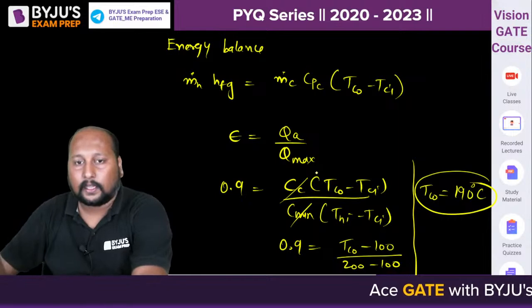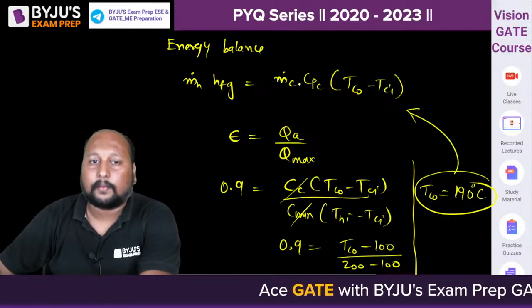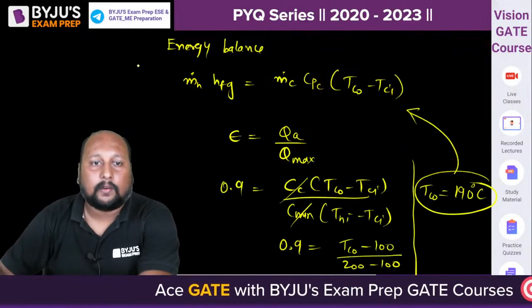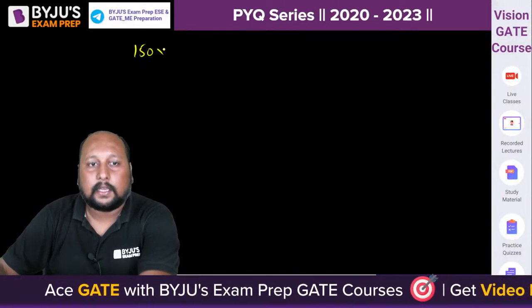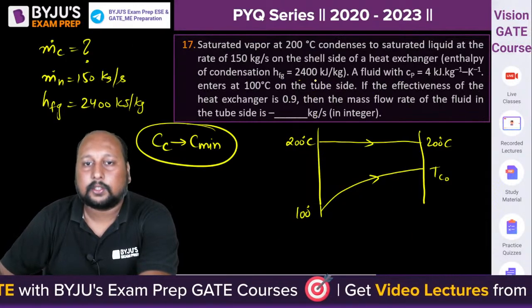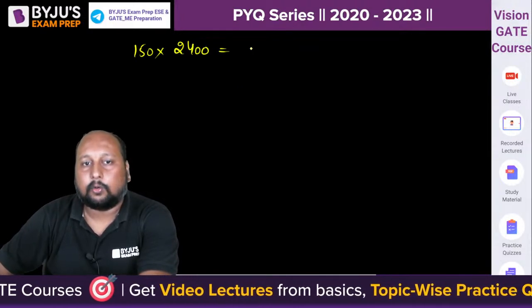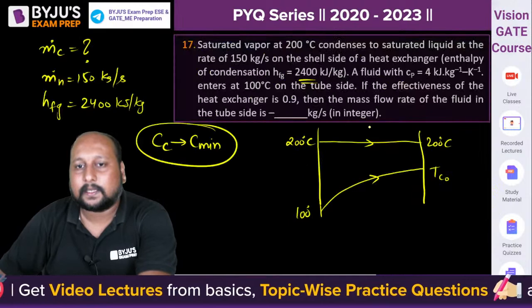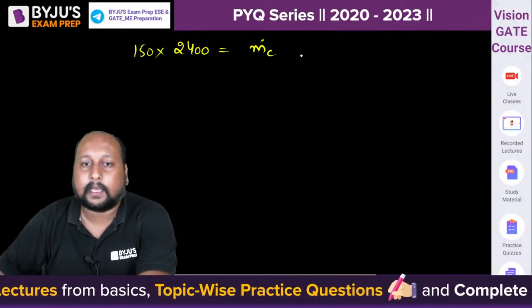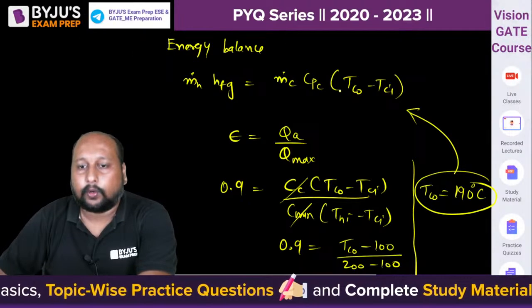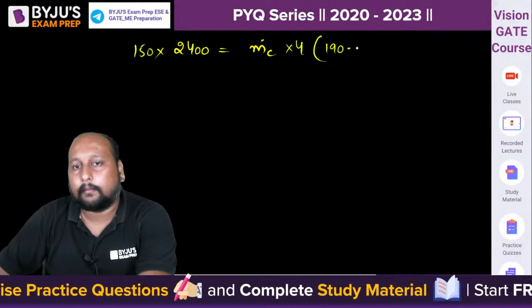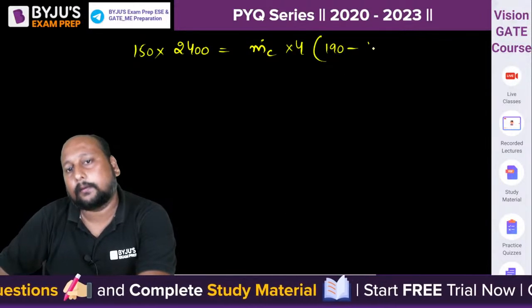Hai? So once you are getting the value of TCO, you can place it over here and get the value of m dot C. So m dot H is equal to 150. So 150 into HFG is equal to how much? 2400 is equal to mass flow rate of the cold fluid. We have to calculate CPC is equal to 4 kilojoule per kg Kelvin into TCO 190 minus TCI is equal to 100.